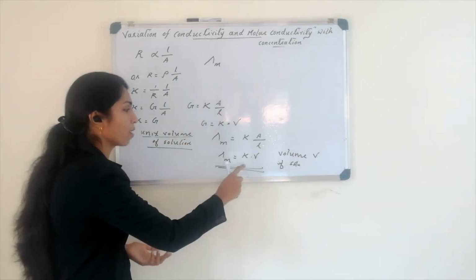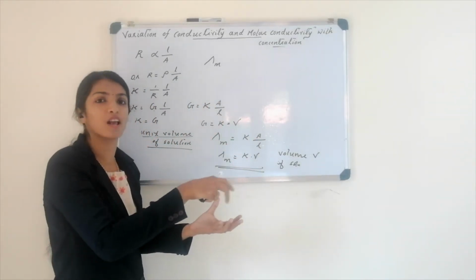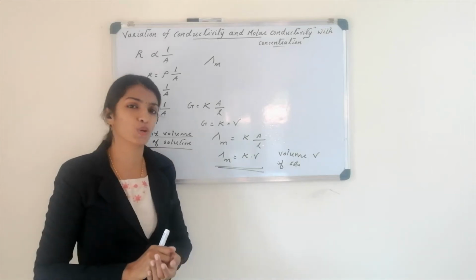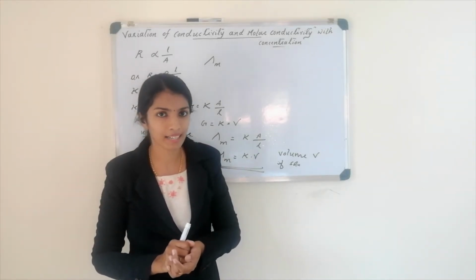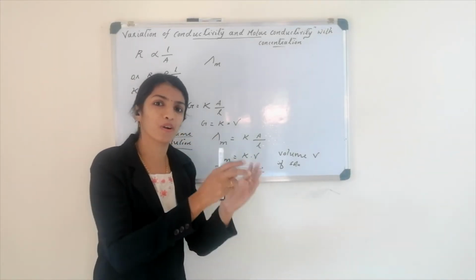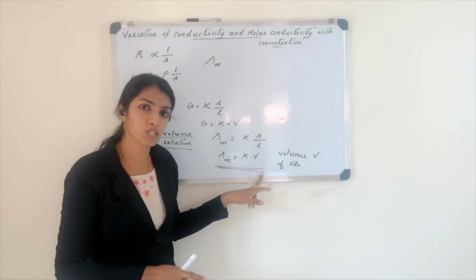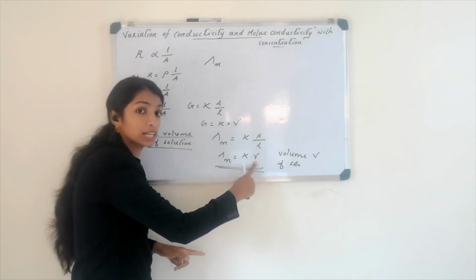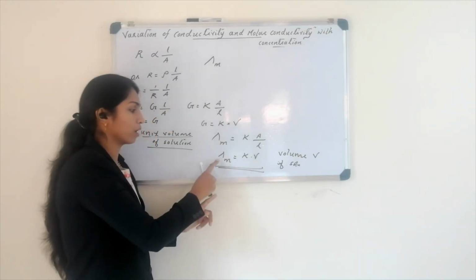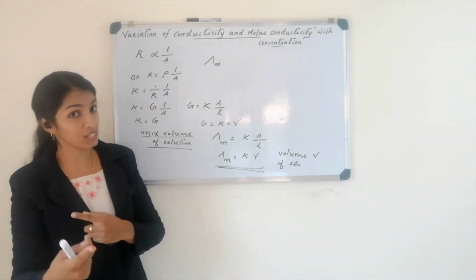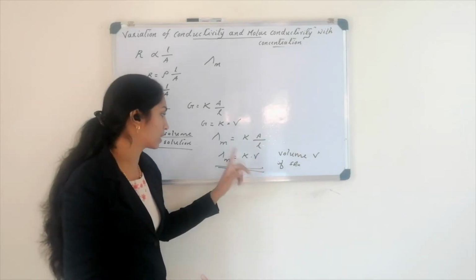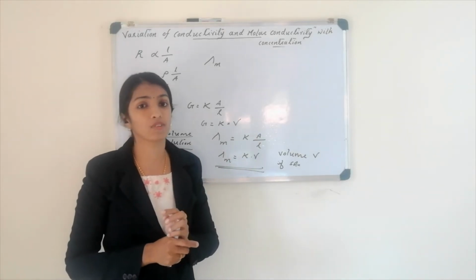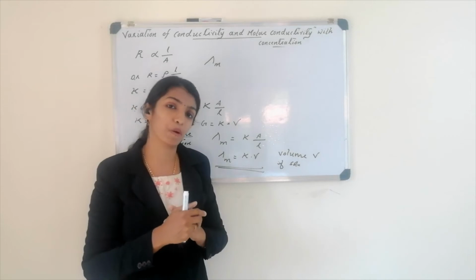If we add more and more solvent to the solution, the concentration of the solution decreases. That means as concentration of the solution decreases, molar conductivity value increases. Here concentration and molar conductivity value are inversely proportional.